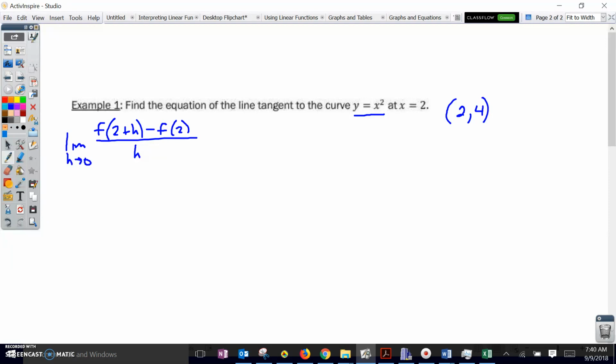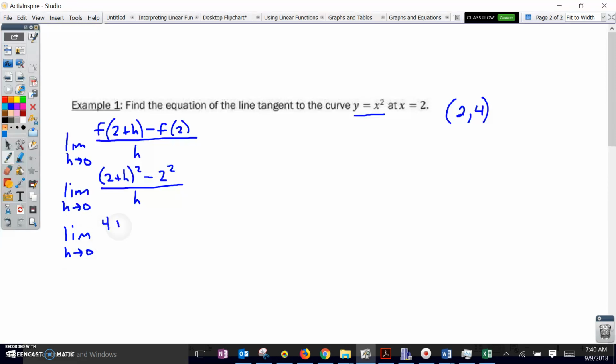And now I'm going to establish what that looks like. The f of 2 plus h is the quantity 2 plus h squared for this function. And f of 2 is the quantity 2 squared.